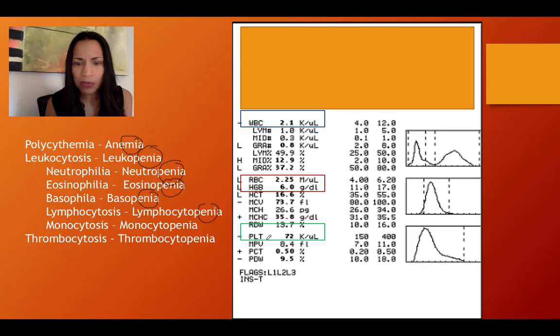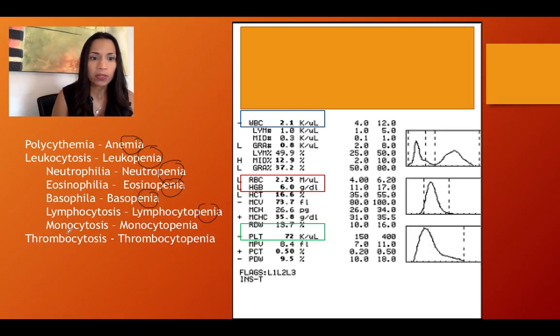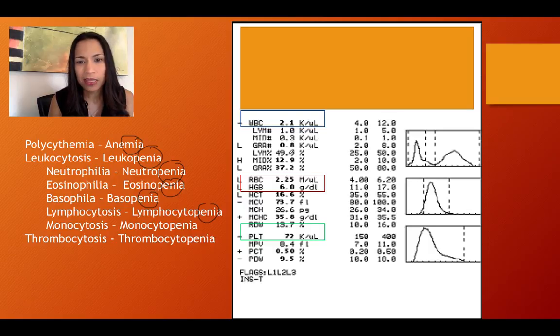And look at the platelets. The platelets are 72,000. It has to be at least 150,000. So we have thrombocytopenia, anemia, and leukopenia. And we have the differential in here. You can also analyze the values of each of the white blood cells to see if you have a -penia or a -philia.